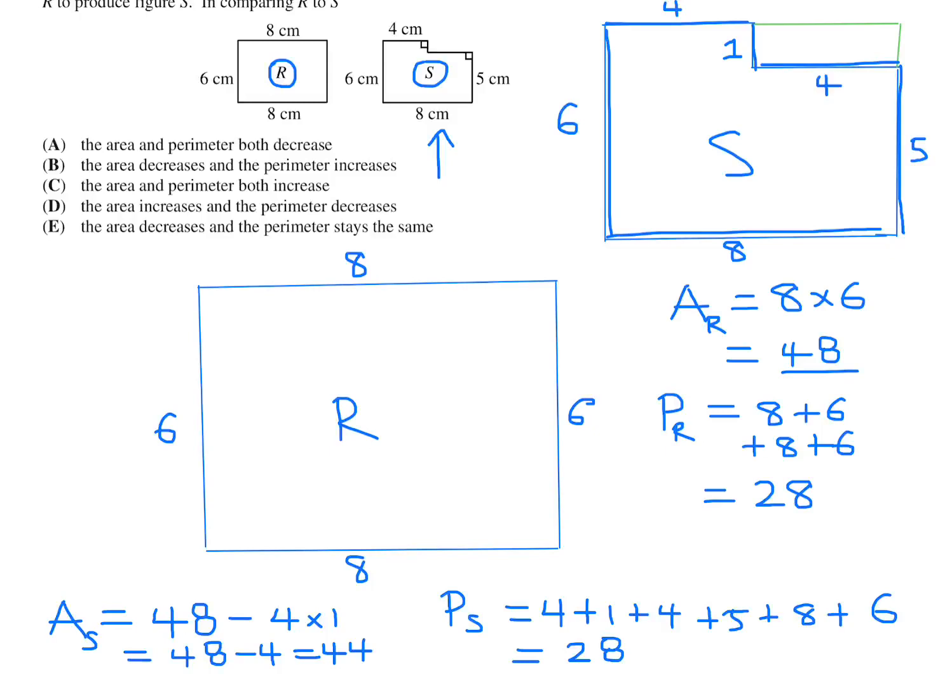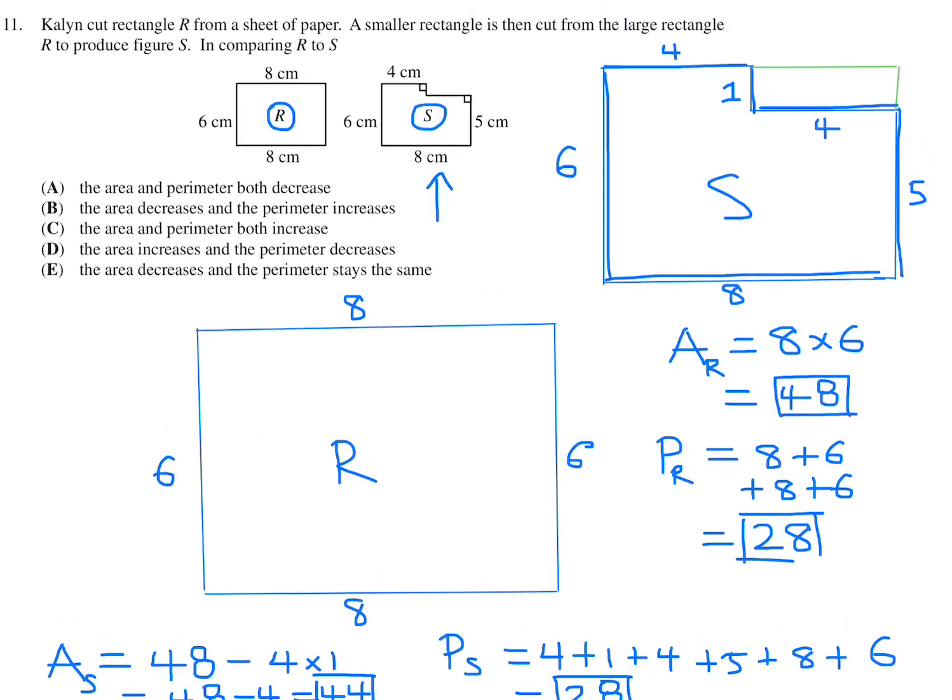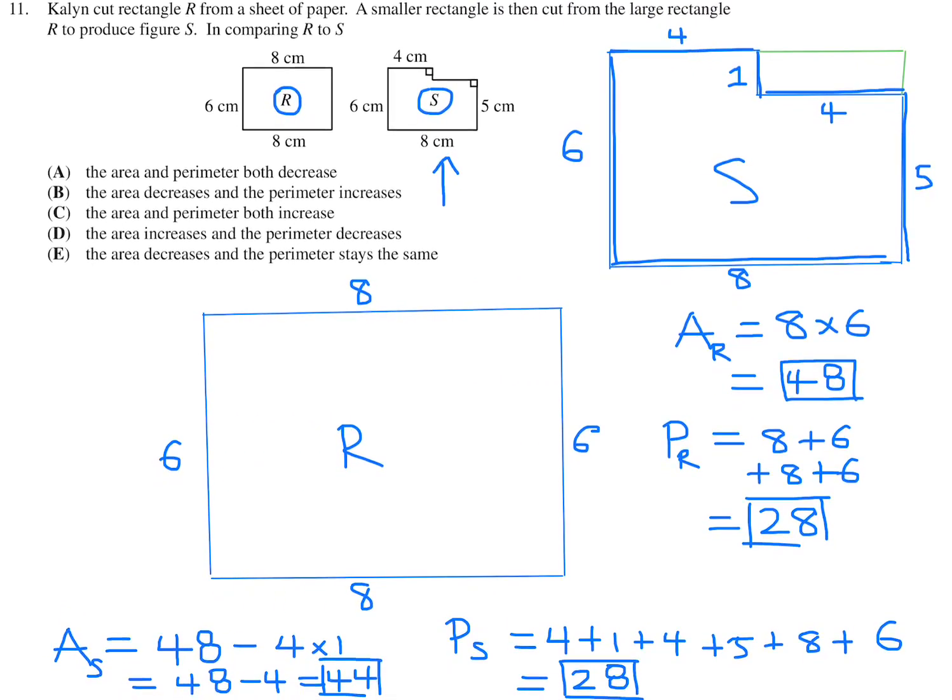So now, what's going on? What's the comparison? Well, it looks like the area of R, which is 48, is greater than the area of S, but the perimeter of R is the same as the perimeter of S. So in comparing R to S, it looks like our area will be greater and our perimeters stay the same.